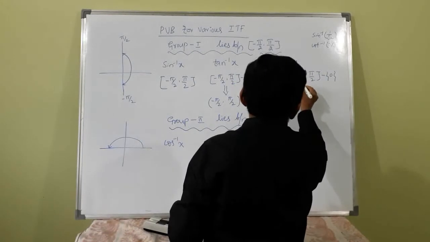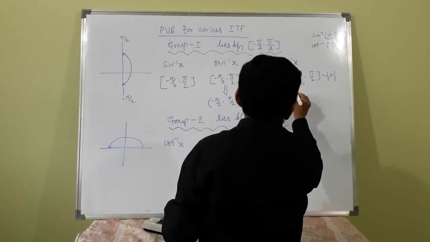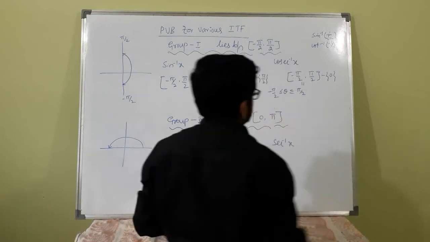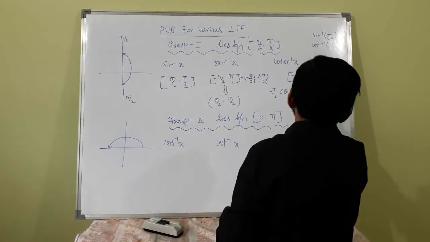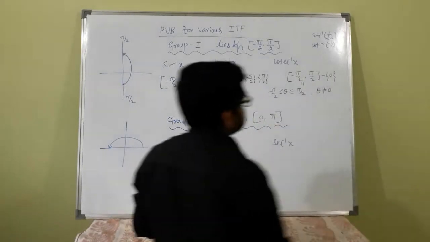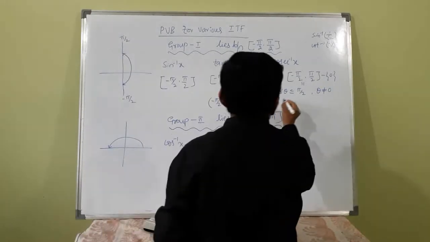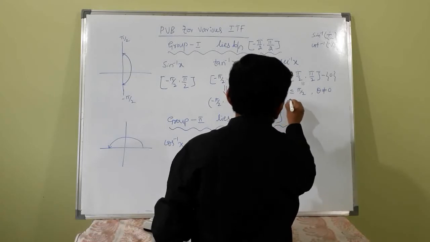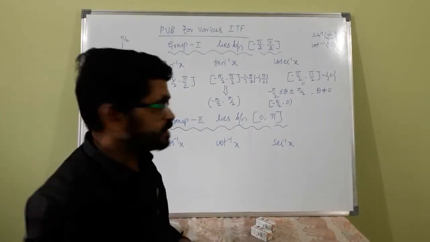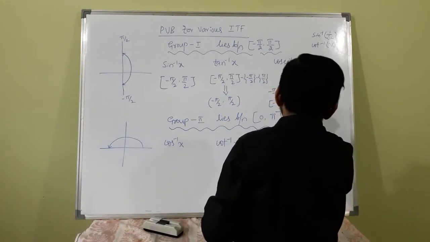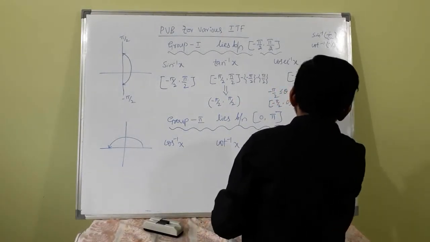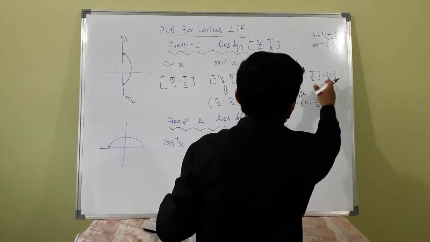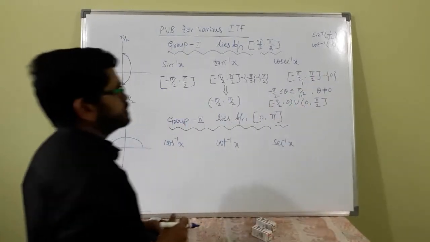Or this can be written as theta lies between minus π/2 and π/2, except theta not equal to 0. Or in interval form, minus π/2 to 0, at 0 there will be a break, union 0 to π/2. All mean the same. You can write like this or another way.